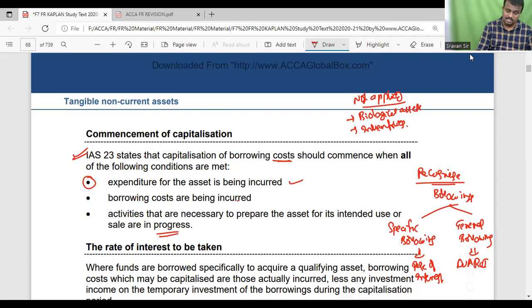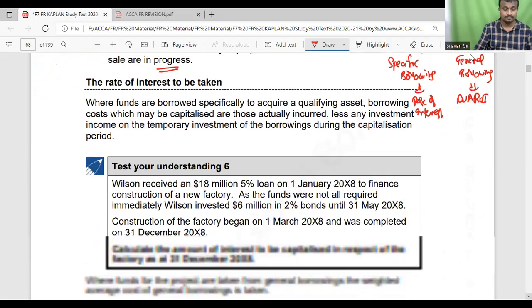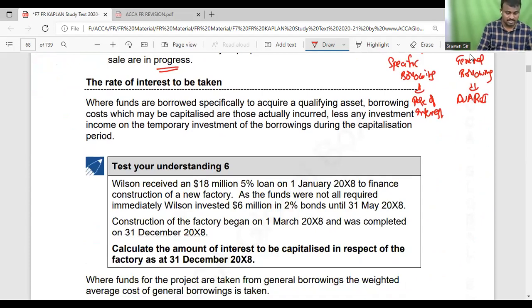Another question is how much borrowing cost is to be capitalized. For example, if the total borrowing cost spent is around 55,000, am I eligible to capitalize the total 55,000 during the year or not? Then you need to check. How to calculate it, I will discuss.